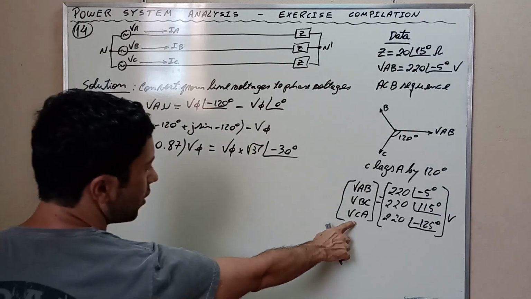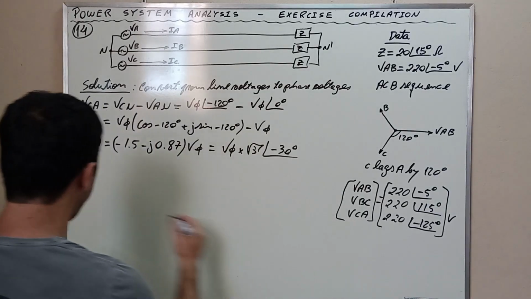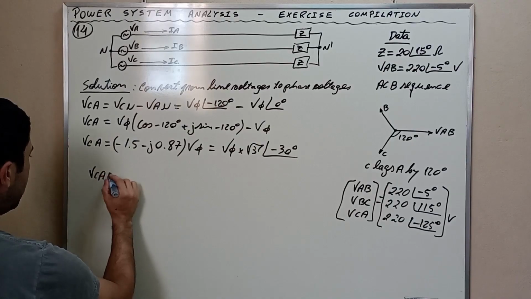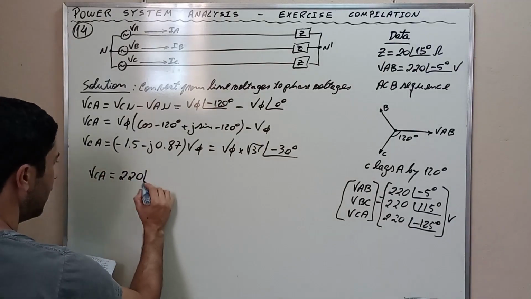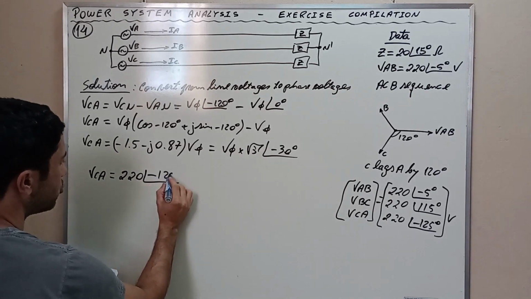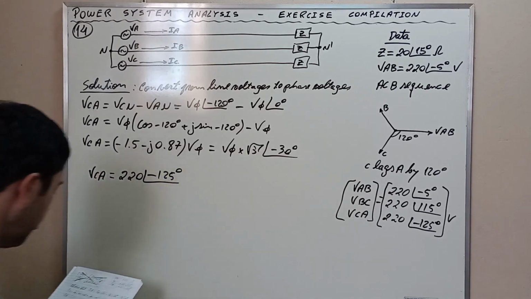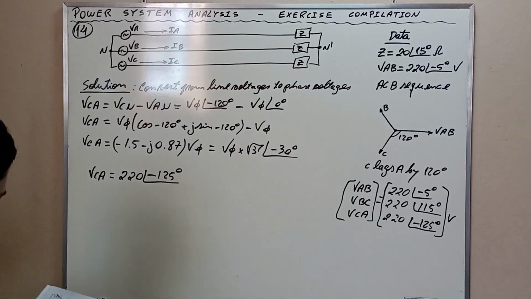Taking from here, VCA is equal to 220 phase negative 125 degrees. And we want VCN.